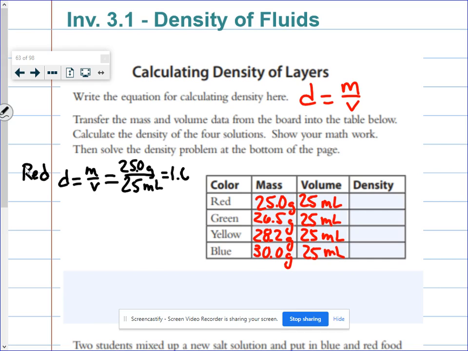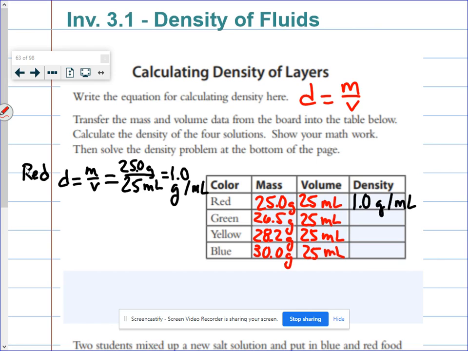And I'm going to go ahead and go out to 1 decimal place. Okay, so 1.0, now I need to figure out my units. My units are grams per milliliter. Okay, so my answer for red is 1.0 grams per milliliter. I'm going to put that density over here in the chart, 1.0 grams per milliliter.